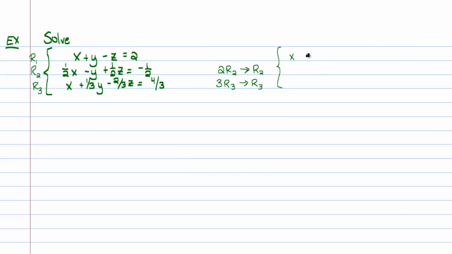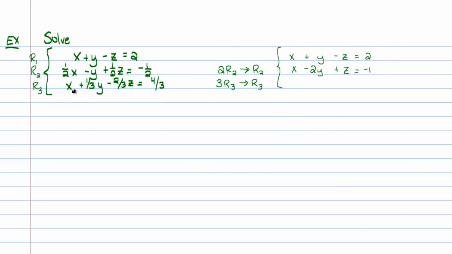I'll just leave this as x plus y minus z is equal to 2. Twice row 2, let's see, 2 times 1/2 x is a regular old x. 2 times a negative y is a negative 2y. 2 times a 1/2 z is a positive regular old z. And remember, you multiply the right hand side by 2 as well. So 2 times a negative 1/2 is a negative 1.